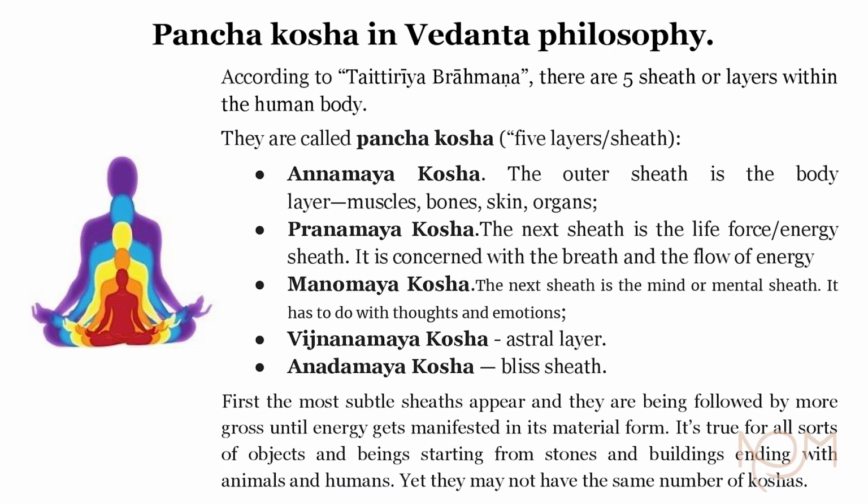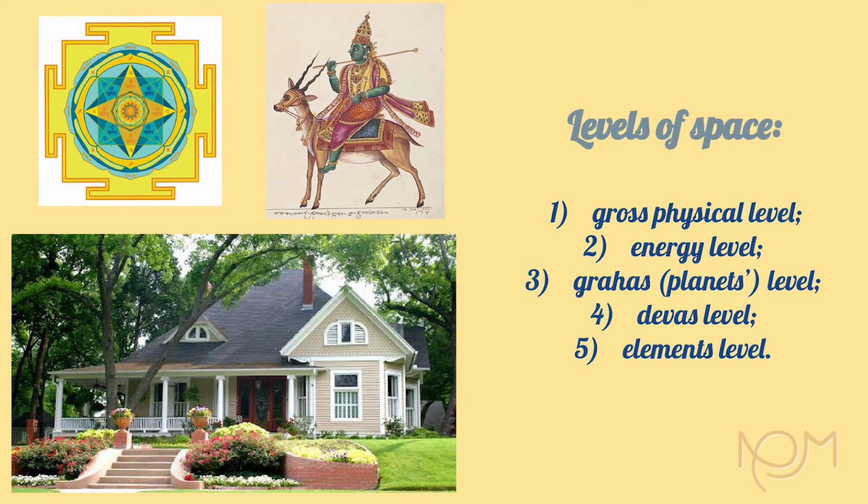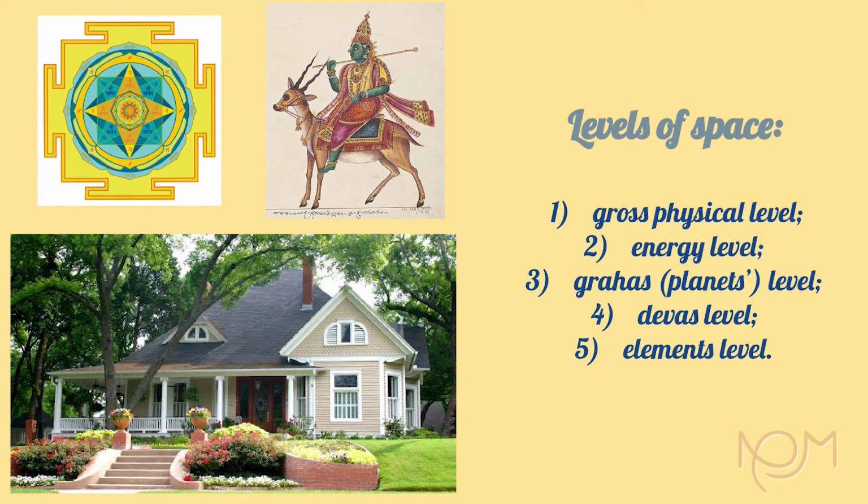So what are those key layers or levels of space that we are talking about when we deal with Vastu? Of course, the first one is going to be like gross physical level. So it's going to be the material our house or flat is made of, the walls, the floor, tables, chairs, like everything that we can easily see with the eye.